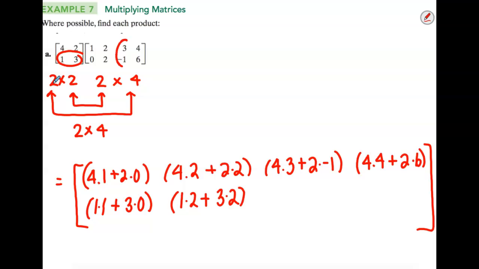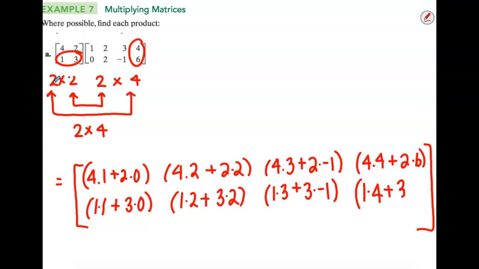Row 2, column 3: 1 times 3 plus 3 times negative 1. And then the last one, 1 and 3, and 4 and 6. So 1 times 4, and 3 times 6.